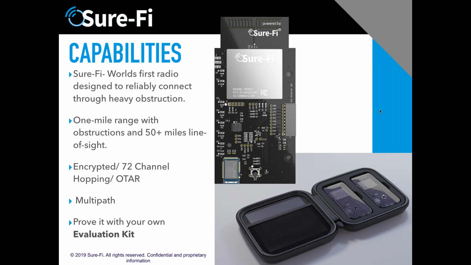So it's very secure and very difficult to interfere with, and very difficult to grab that signal and try to break it. In fact, Facebook hired some engineers from Microsoft to try to crack our 128-bit AES encryption signal, and they couldn't do it. So very secure, but on 900 megahertz, we use our own proprietary chirp spread spectrum, so you don't have to worry about any kind of interference there, but also if there is any interference, we jump to a different channel. So hopefully that answers that question.